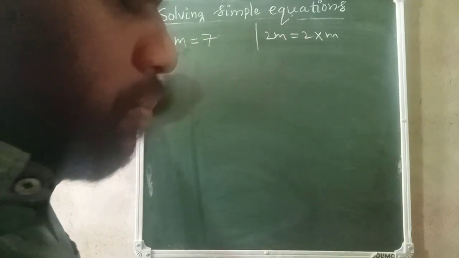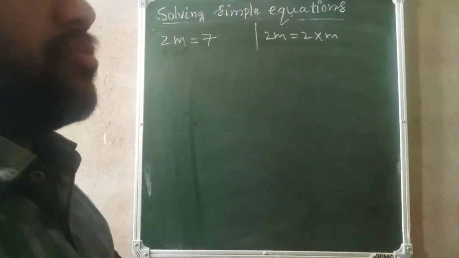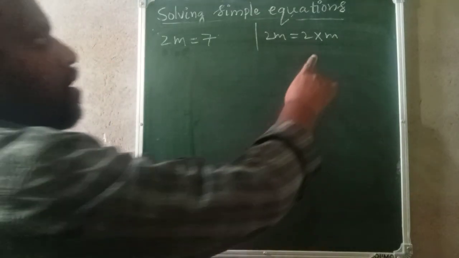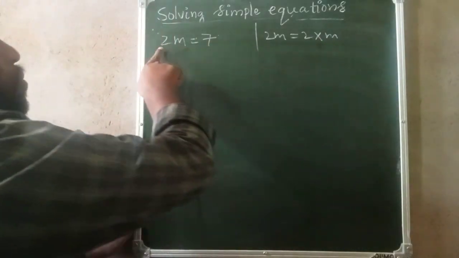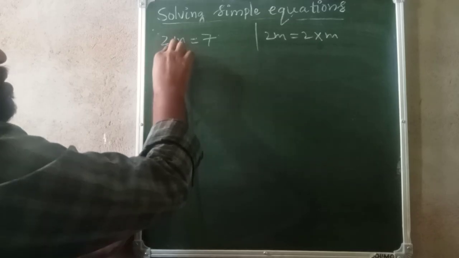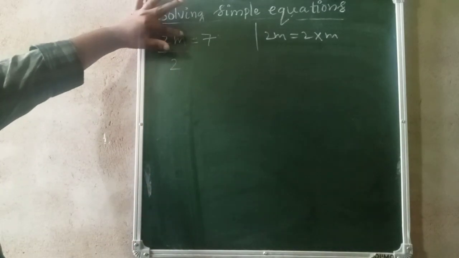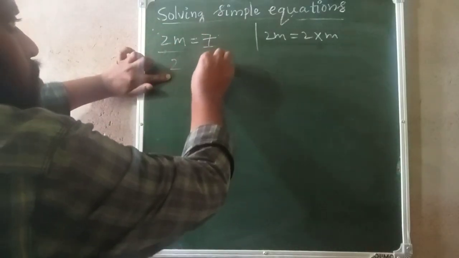Remove means simply you cannot erase. If you simply erase, it will be wrong. So for that, what you have to do? Because of this into, to remove this, you have to divide this by same 2. When you divide this side by 2, you have to divide this side by 2 also.